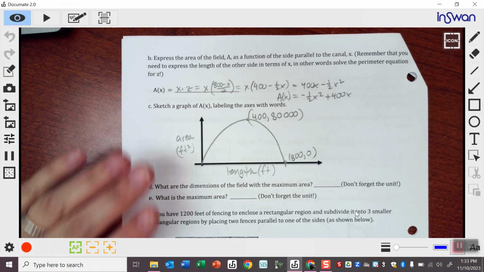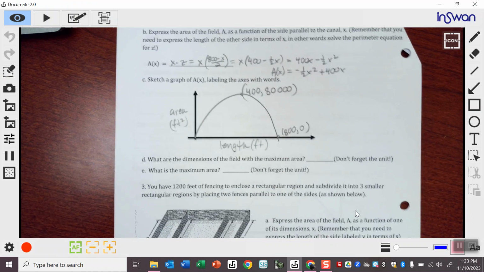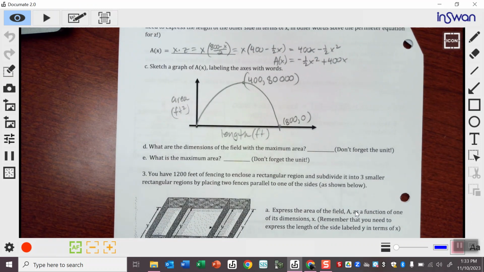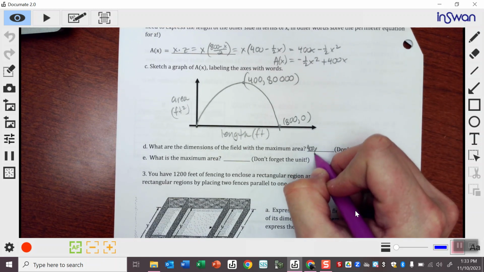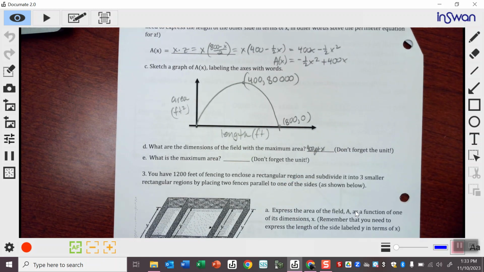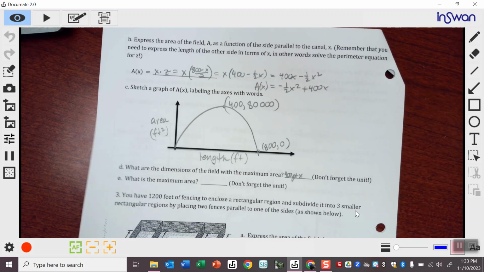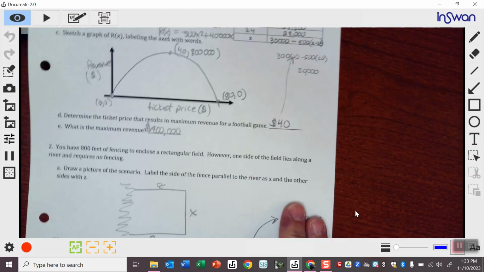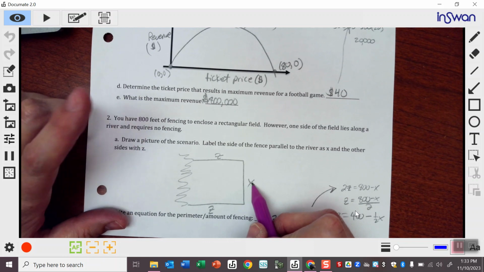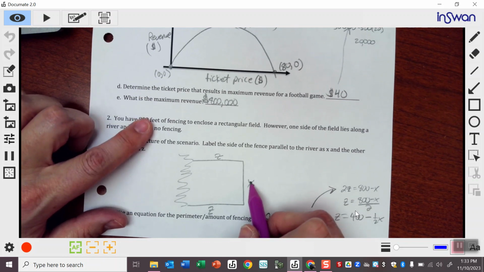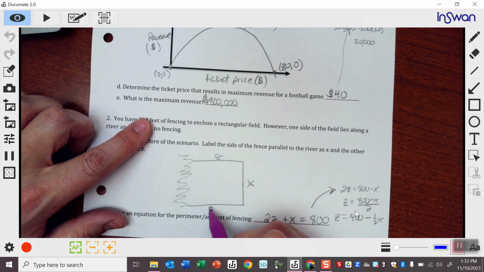So, there we go. All right, what are the dimensions of the field with the maximum area? So I know x is 400. So it's going to be 400 feet by, and it's kind of small here, but I have to think back to what was going on. So what we're saying here is that this is 400. Well, I have 800 to spend. So 800 minus 400 leaves me 400 left between these two sides. So 200 each.